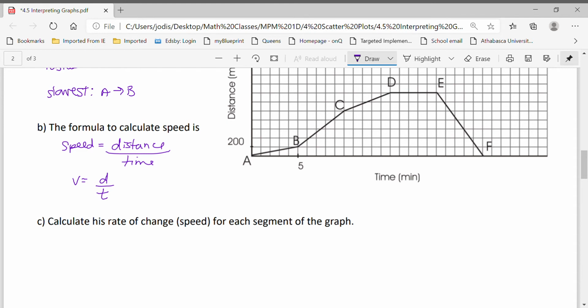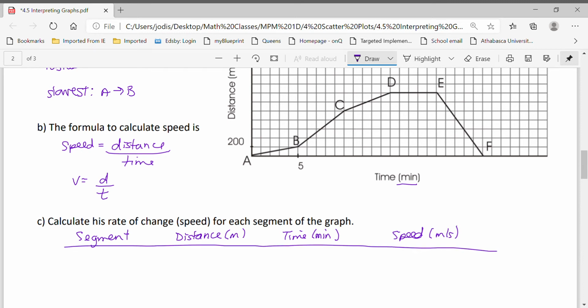So I'm going to make a quick little chart here. We've got the segment, the distance in meters, the time in minutes. Sorry, time is in minutes for this one. Check your graph for your units, right? And then his speed in meters per minute.